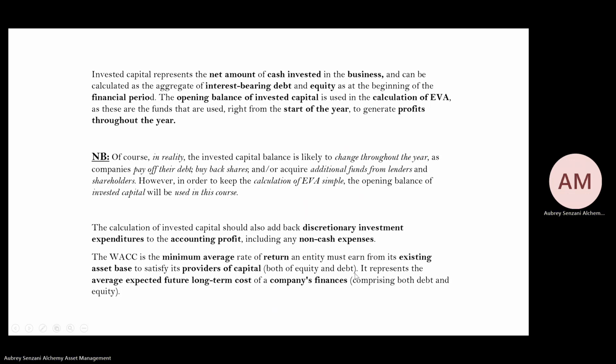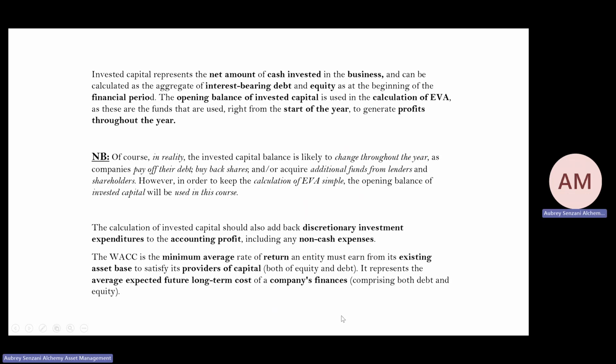So this is the minimum rate of return that the company must meet in order to ensure that you are neither making a profit nor a loss. It represents the average expected future long-term cost of company finances.